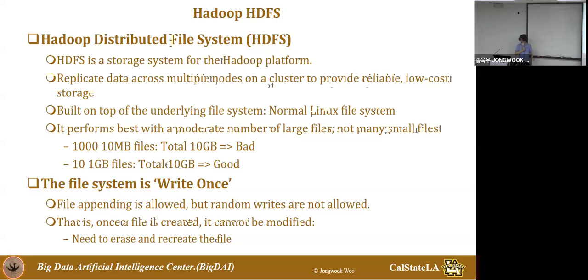The only thing allowed is overwriting: if you have a file one and you want to change it, you need another file one with the change inside, so you overwrite it. Or you can append more data to the file. These two cases are possible, but updating only part of the file is not. That's why it is called write once. If you write once, that's it. You can't do anything; you just need to read it.